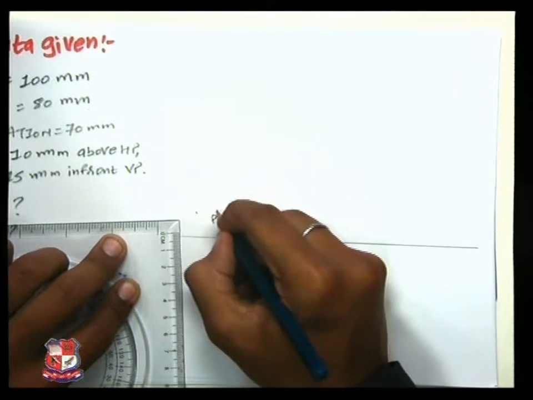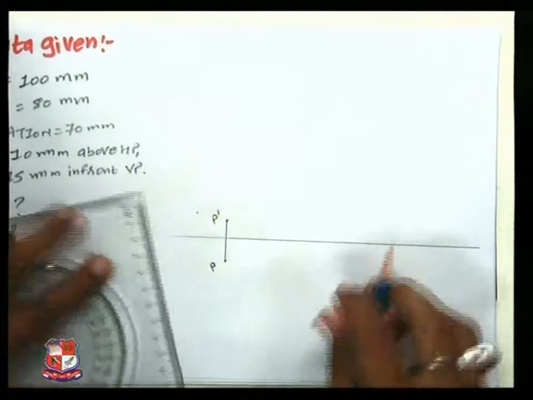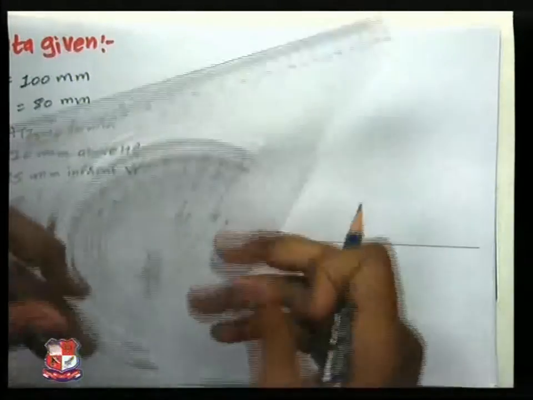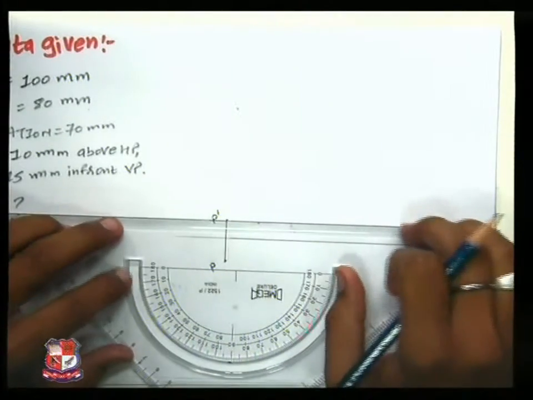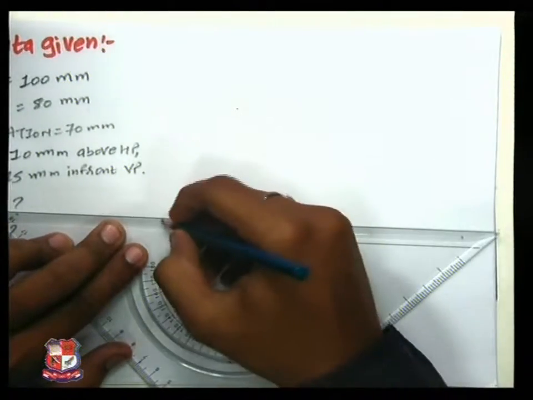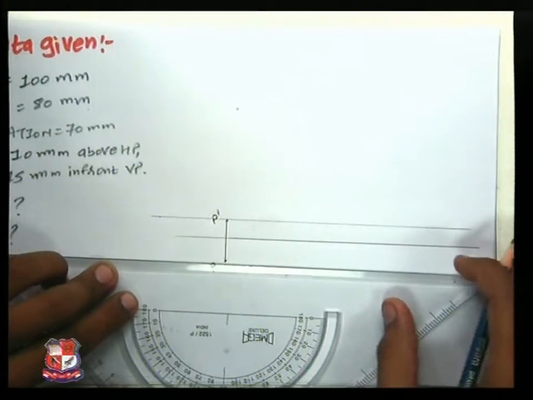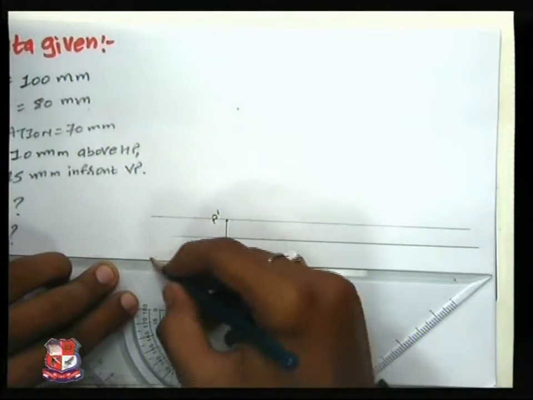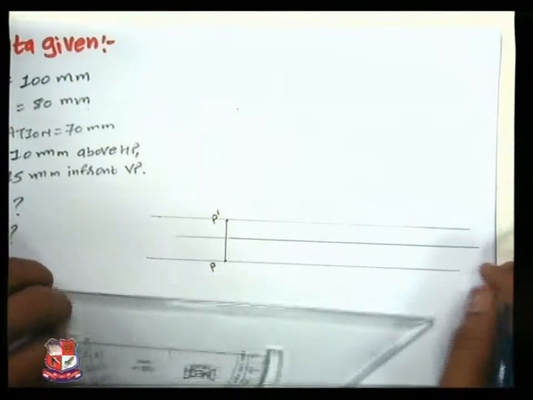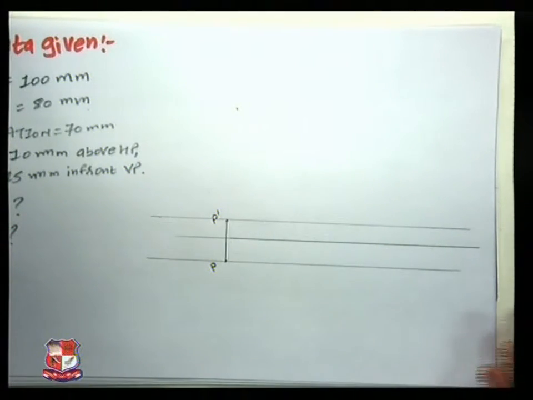HP component is denoted by dash, VP component by simple alphabet. When drawing the projections of a line, we draw parallel lines from both P dash and P to the XY line. Like this, we can draw this.